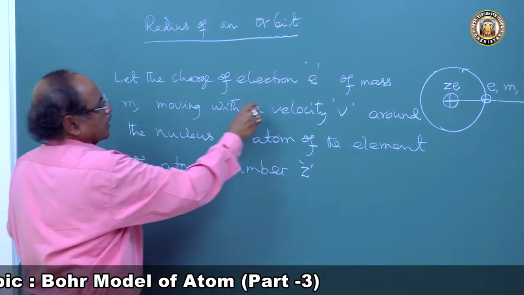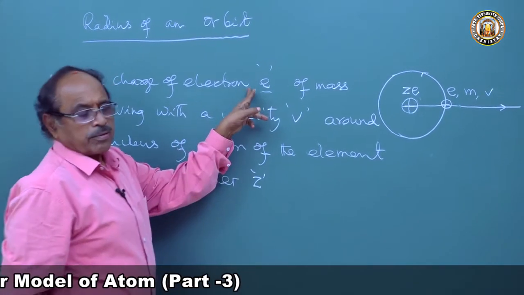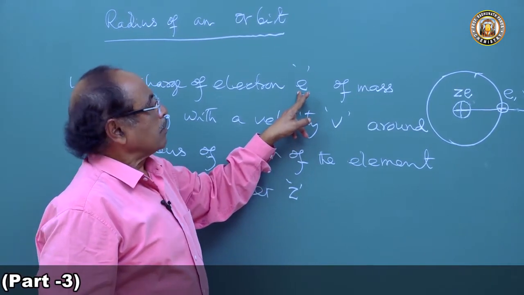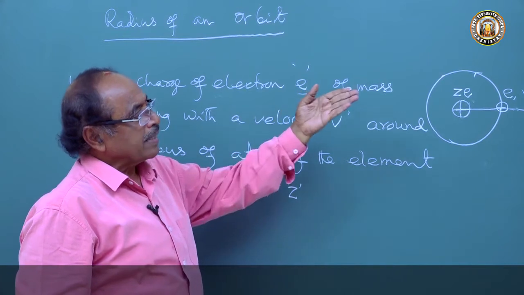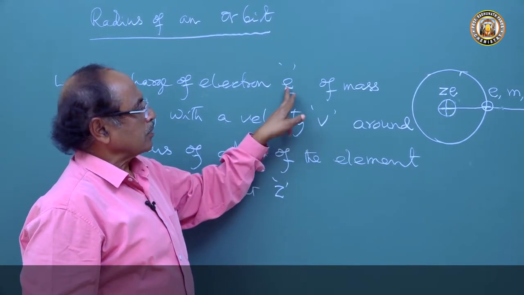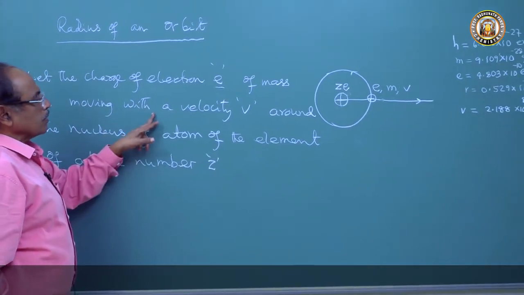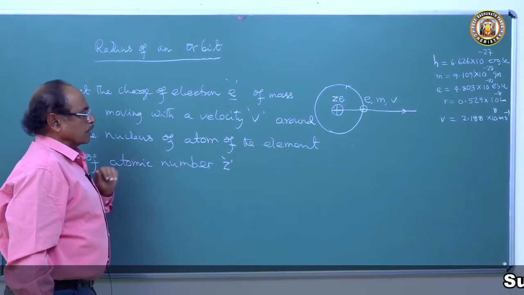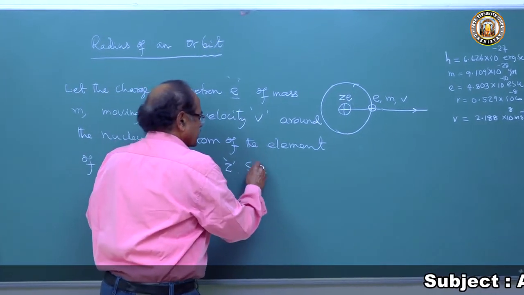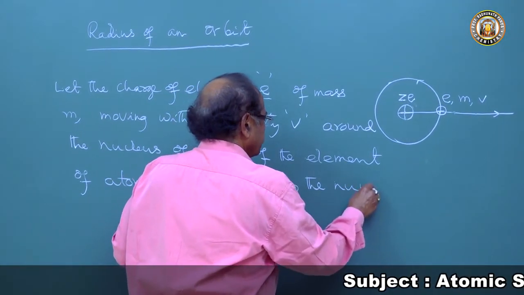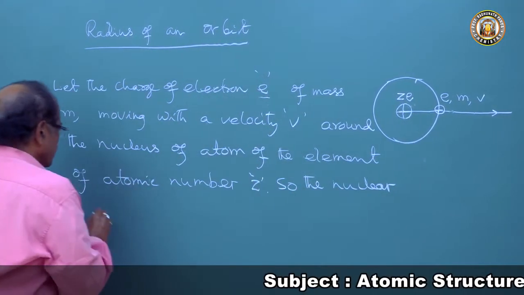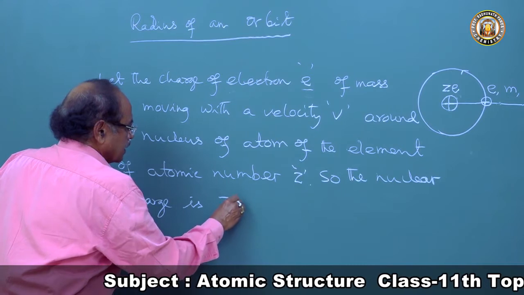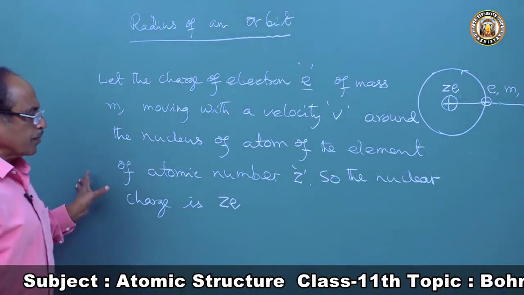So this is, let the charge of the electron is e, which is 1.602 × 10 to the minus 19 coulombs, or 4.803 × 10 to the minus 10 electrostatic unit, of mass m moving with a velocity v around the nucleus of the atom of an element of atomic number Z. So the nuclear charge is Ze, because charge of the electron is equal to charge of the proton.